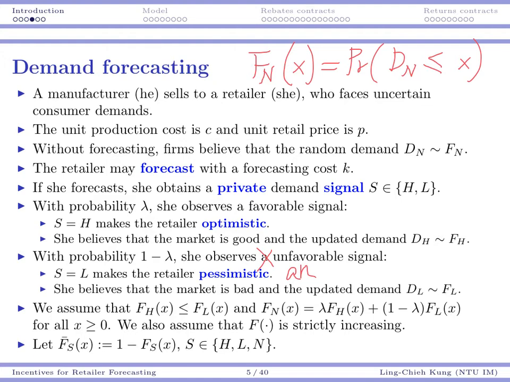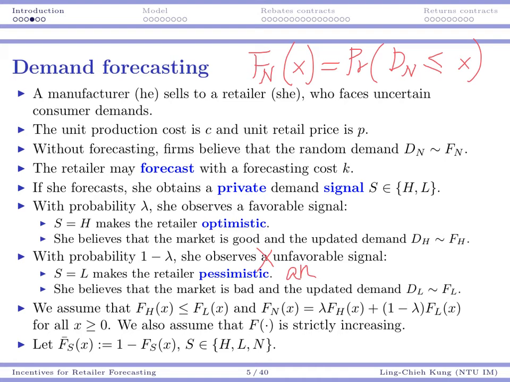And also, if you don't do forecasting, then your CDF should somehow be the combination of your high CDF and low CDF. Before you do forecasting, this is the only thing you can expect. You know the demand may either be high or low with these probabilities, but you just don't know whether it's high or low. You can do that only after you do the forecasting.